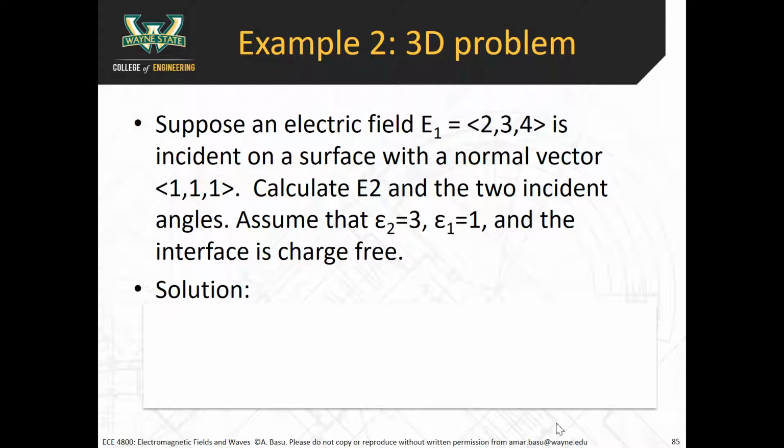Epsilon 1, this first medium, is equal to 1. The second medium, epsilon 2, is equal to 3. So we're going from a low dielectric medium to a higher dielectric material. In this case, the electric field will actually bend towards the normal.